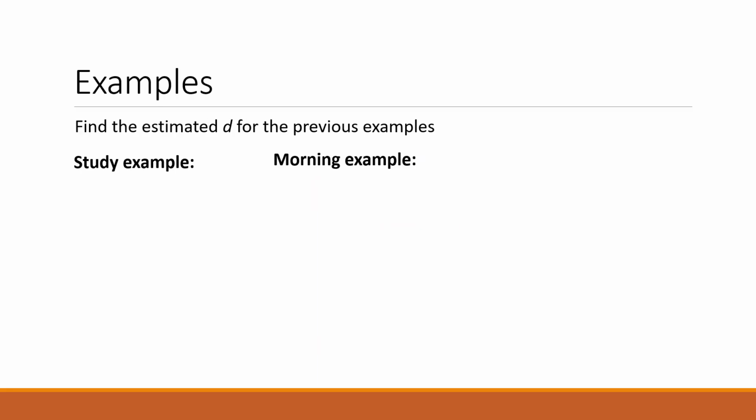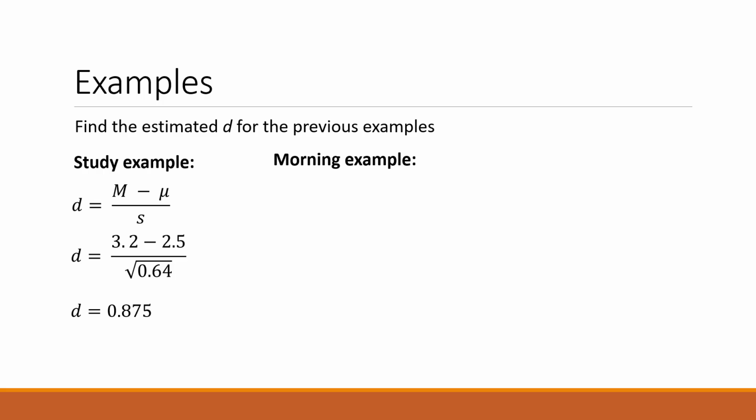With this, let's find the effect size for the two previous examples. You can pause to solve if you would like, but I'll go ahead and solve this so you don't have to dig for your previous notes. For the study example, we have 3.2 minus 2.5 divided by the square root of 0.64, because remember, we only have the variance, not the standard deviation. This gives us 0.875.